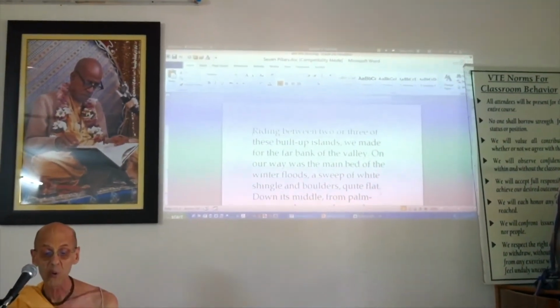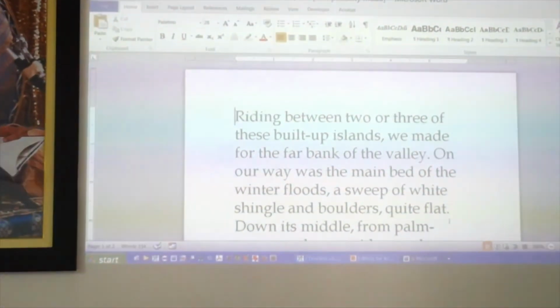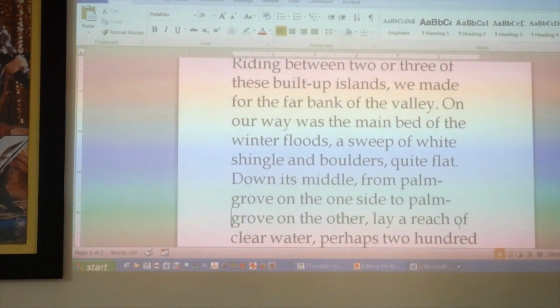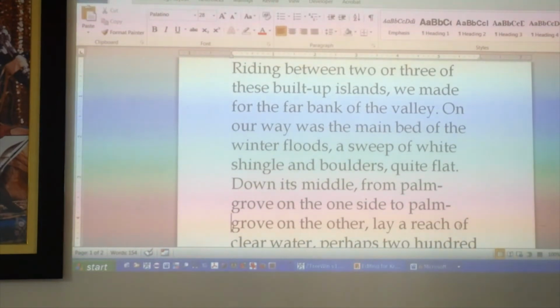Riding between 2 or 3 of these built-up islands, we made for the far bank of the valley. On our way was the main bed of the winter floods, a sweep of white shingle and boulders, quite flat.